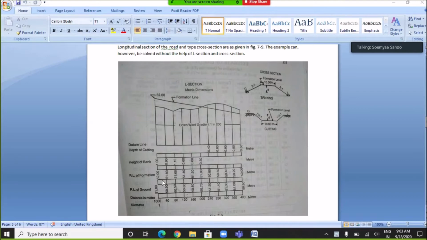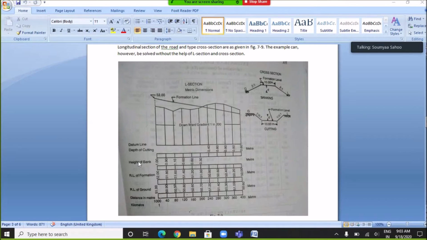As you can see here, students, the reduced level of ground is 51 meter at station number 25, whereas the reduced level of formation is 52 meter. That means the natural ground surface is below the formation level of the road. So we have to mention the height of banking here, which is calculated as 52 meter minus 51 meter, which equals 1 meter.